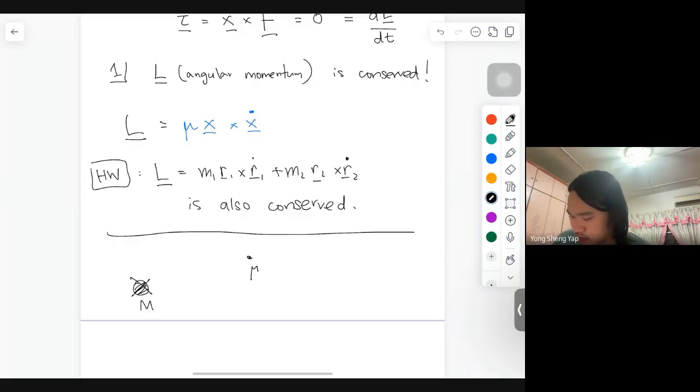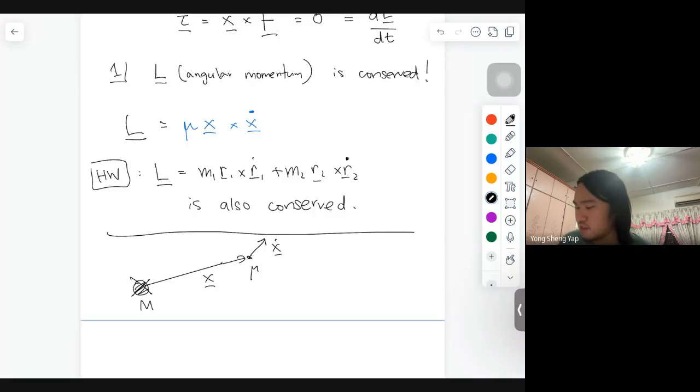We can put the origin at the center of mass, and this is basically x, and x dot. The reduced mass can basically go anywhere.